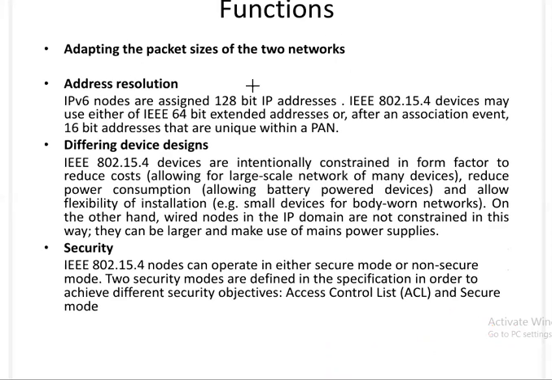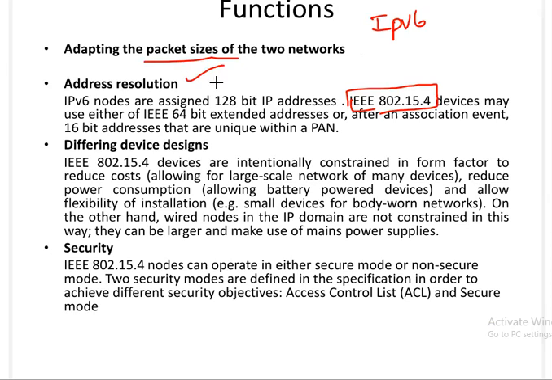And then what are all the functionalities? Again, it has to adapt the packet sizes, because IP version 6 has one packet size and IEEE 802.15.4 has a different packet size. So it must adapt itself when we are integrating 6LoWPAN along with IPv6. We have to take care of the packet size conversion.